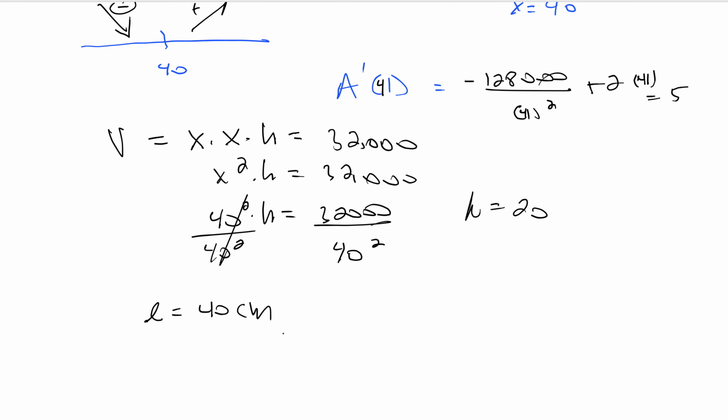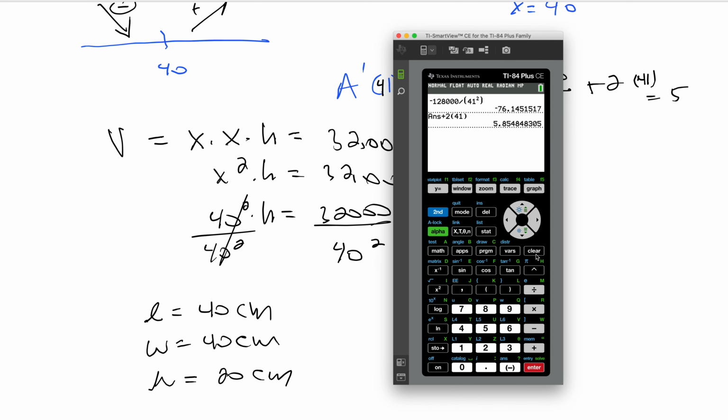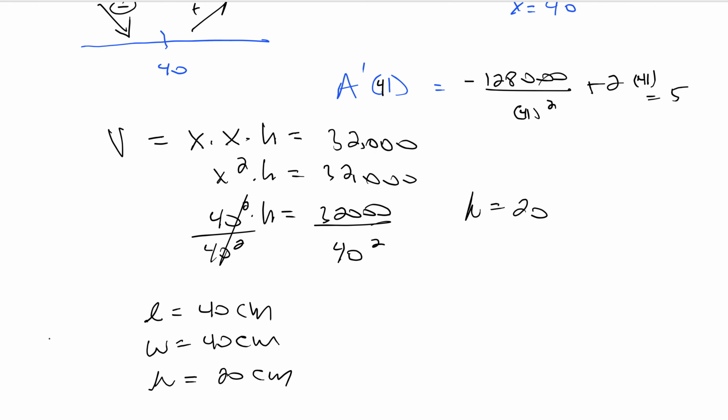So the length of the base is 40 centimeters, width is 40 centimeters, and height is 20 centimeters. And we could double check that at least that gives us our 32,000. So base area, 40 times 40, times our height, 32,000. Okay, so 40, 40, 20.